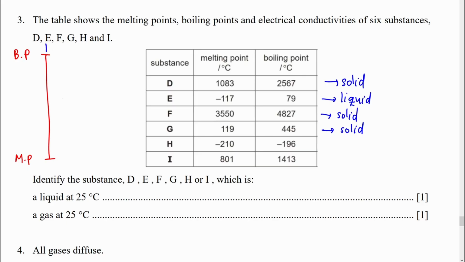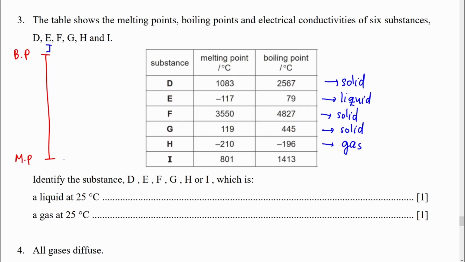Now let's take substance H. The boiling point is negative 196 and here the melting point is negative 210. So where is 25? 25, of course, is going to be above here. Very far away, right? Above boiling point. So the substance here is going to be gas. Right?